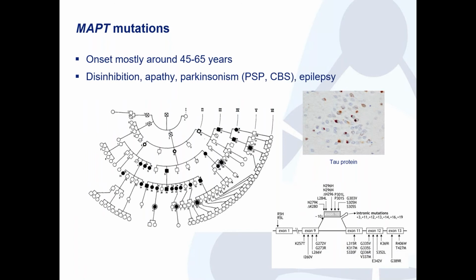So the mutations in the MAPT gene were the first discovered genetic cause of FTD. When we perform neuropathological examination on the brains of patients after they passed away from FTD and look with a microscope, we see the so-called tau protein. So MAPT mutations are associated with a so-called FTLD tau pathology.